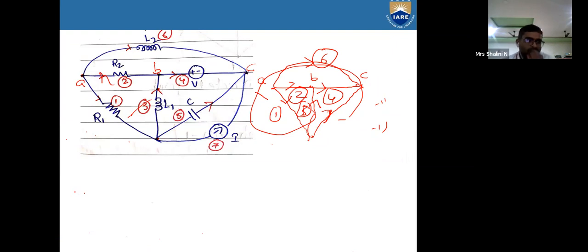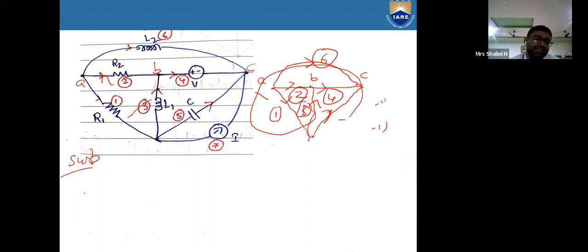Subgraph. A subgraph is nothing but it will consist of all the nodes, but it will have one less branch.